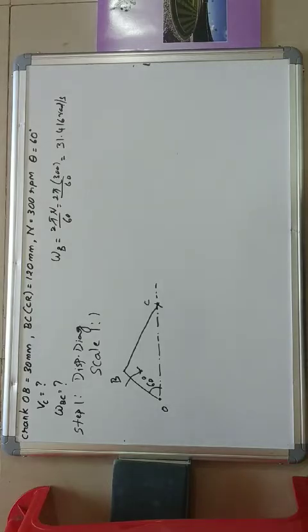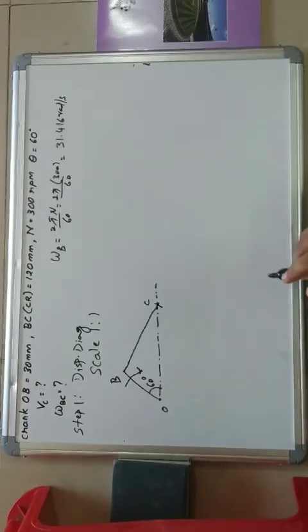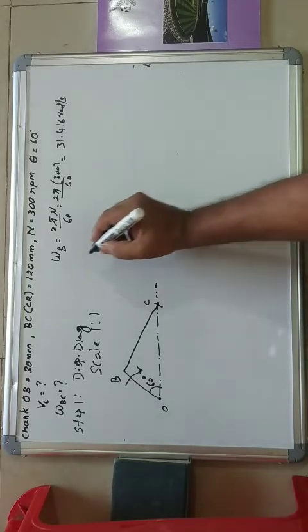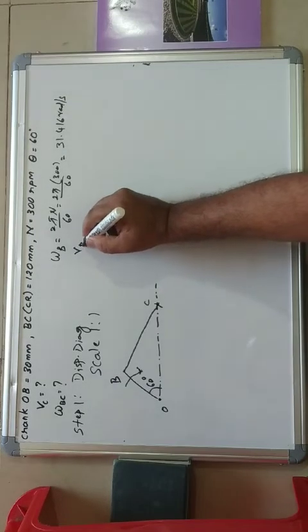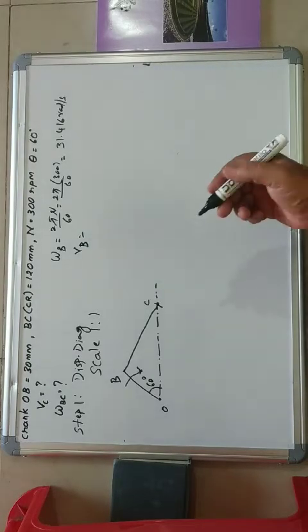The next thing is that to find the other velocities, I will try to draw what is known as the velocity polygon. Before we draw the velocity polygon, let us convert this into linear velocity. The angular velocity is known, so to find the linear velocity, we know that VB, the linear velocity of B, is equal to R omega.